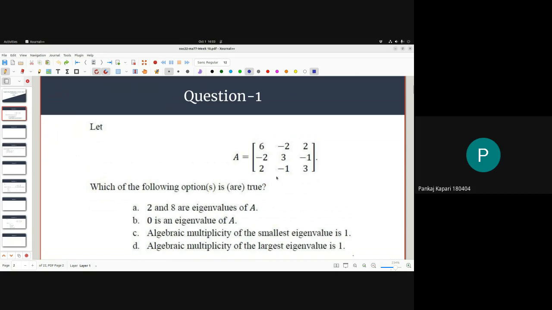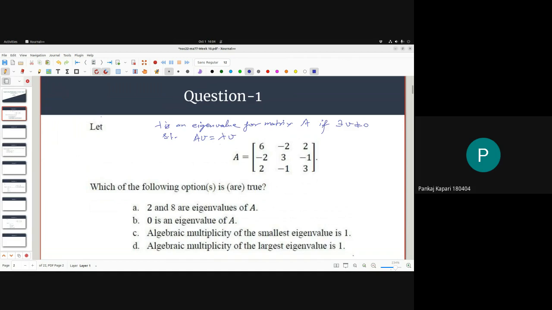So, what is an eigenvalue? For a given matrix A, we say that lambda is an eigenvalue for matrix A if we have some non-zero vector V such that when you multiply the matrix with that vector, you get lambda times V. So this vector gets scaled by a factor of lambda.